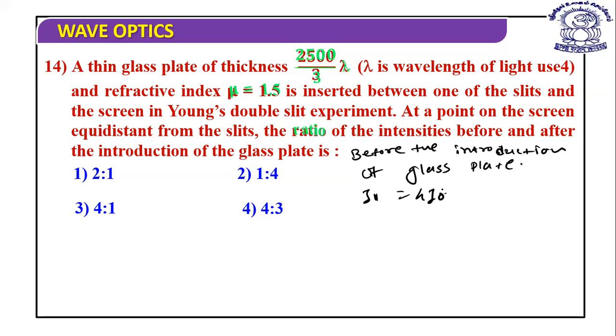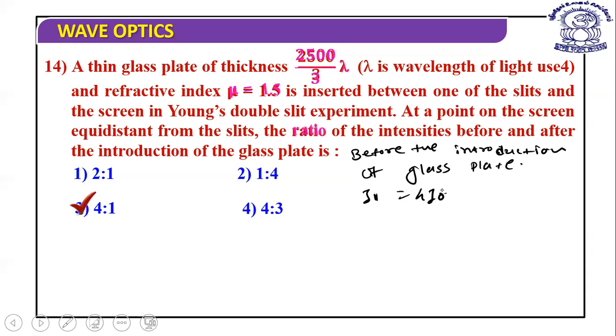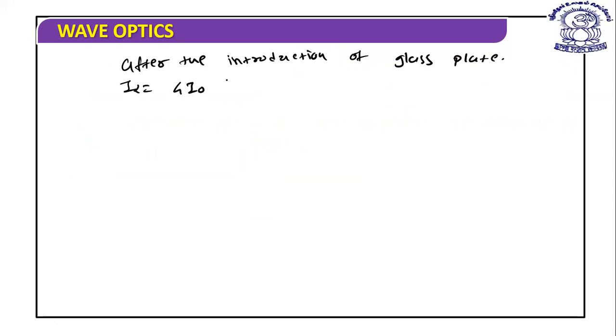Now, after the introduction of glass plate, let's say intensity is I2, that is equal to 4 I naught cos square phi by 2.